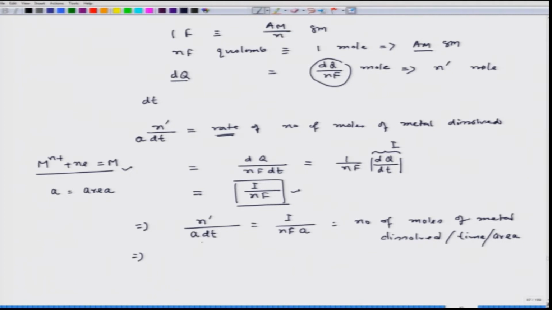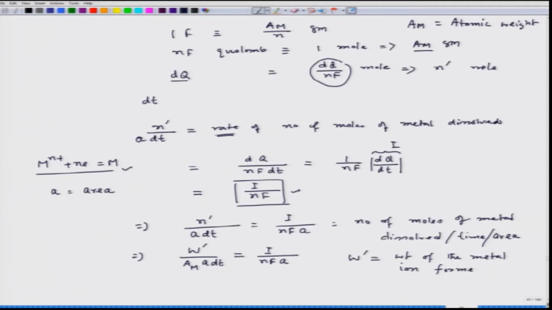In order to do that, n prime is basically the number of moles. So, W prime is the weight of the metal, the mass of that metal coming into solution, and AM is the atomic weight, so n prime equals W prime divided by AM.